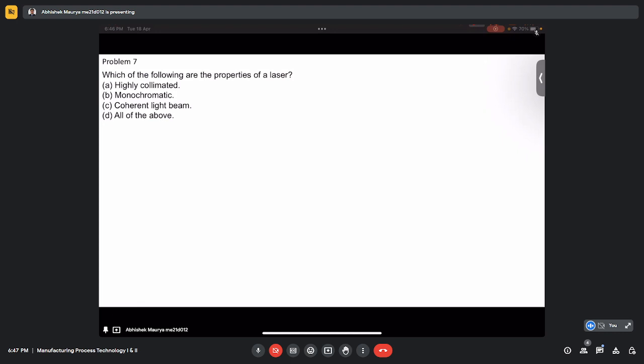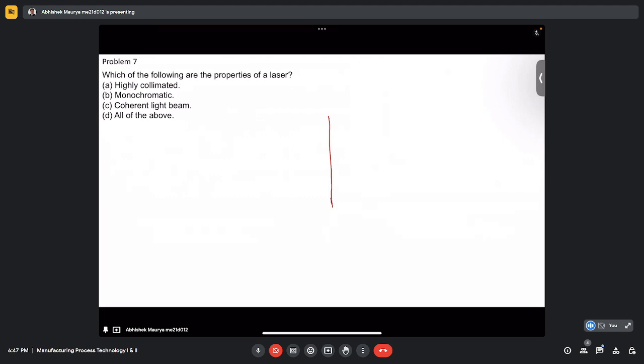Laser can be produced with the help of some specific materials, like CO2, ruby. There is a specific class of materials through which there is a possibility of producing laser. And how is it produced? I will quickly show it to you by a simple case.